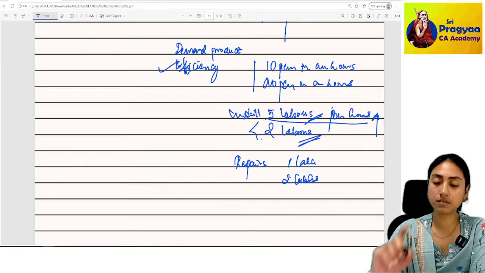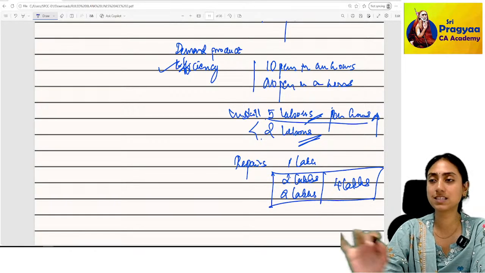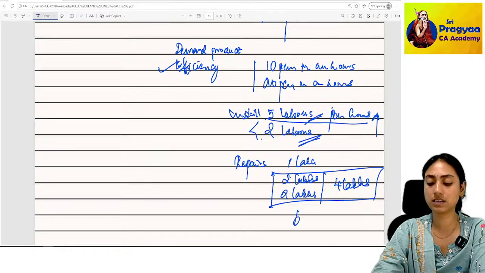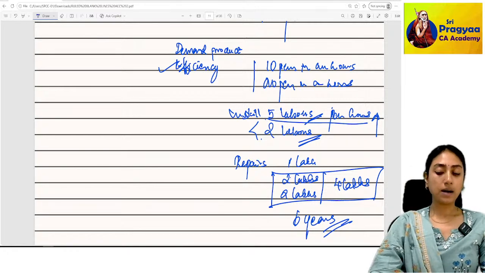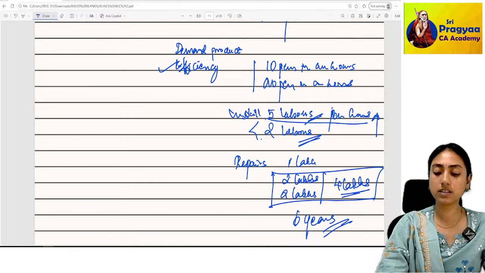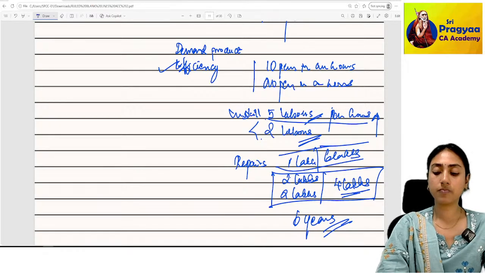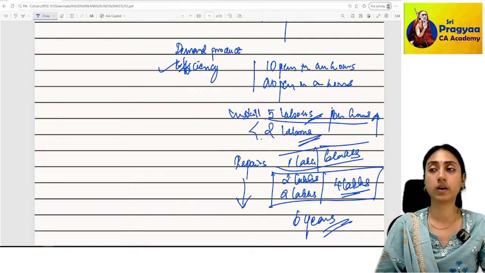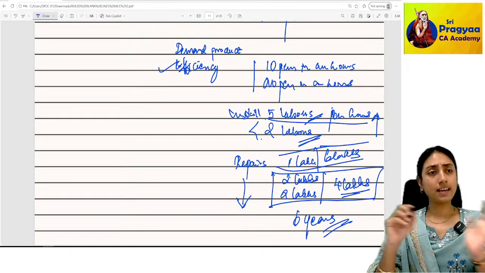After 3 years, further from the 2 years, I'll have to spend one more 2 lakhs. அப்படிங்கும்போது total cost வந்து 4 lakhs, and the machine's life ends at 6 years. I can use the machinery only for 6 years. அப்படிங்கும்போது இது 4 lakh, so இது வந்து அதே 6 yearsக்கு I'll be spending about 6 lakhs in total. So this makes my repair cost come down. Okay, so there are various other factors.